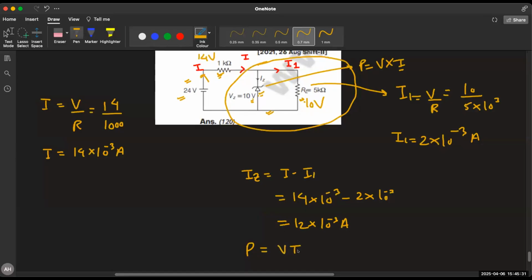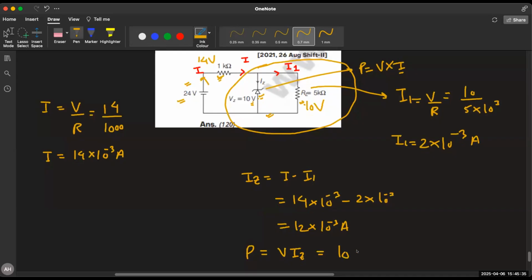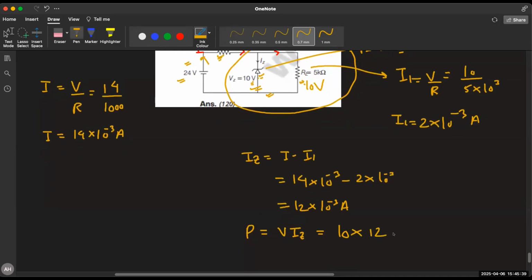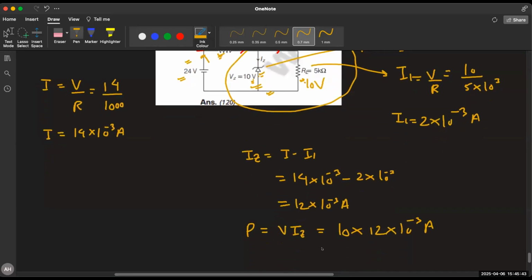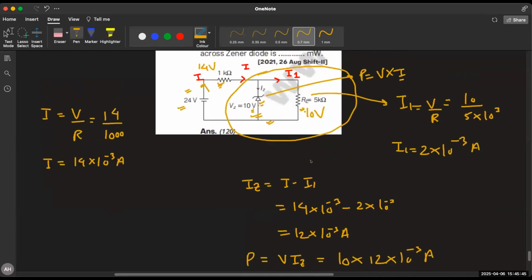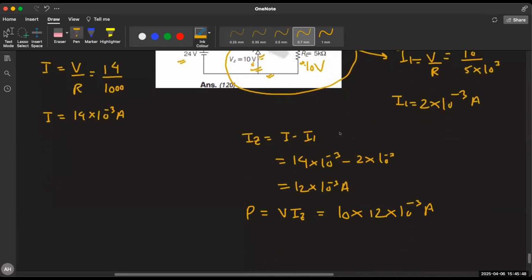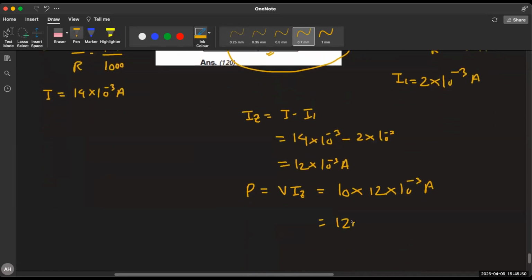The power is V into I. V is 10, voltage across the Zener diode is 10, and current is 12 into 10 to the power minus 3 amp. You have to calculate your answer in milliwatt. So this is 120 into 10 to the power minus 3 watt. You can remove this 10 to the power minus 3 and this is milliwatt.